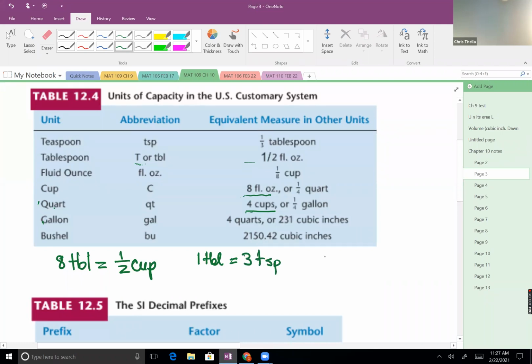And one that's not here is a pint. Is anybody familiar with a pint being 2 cups? But we've got all of these gallons and quarts and ounces and cups for volume.